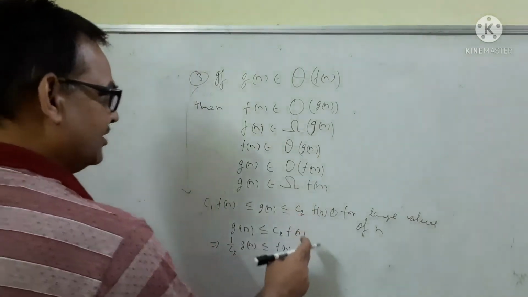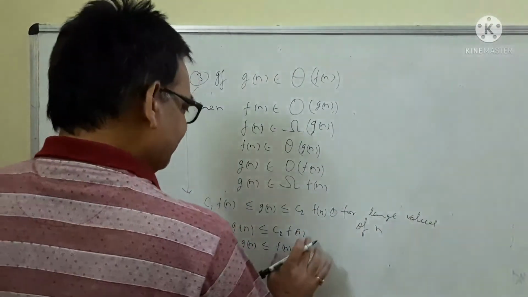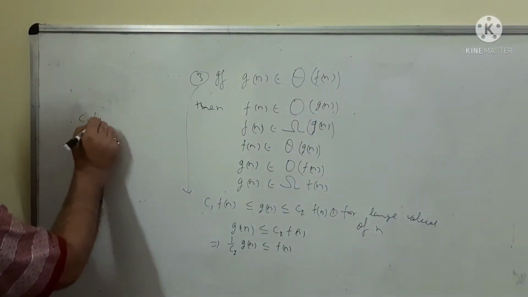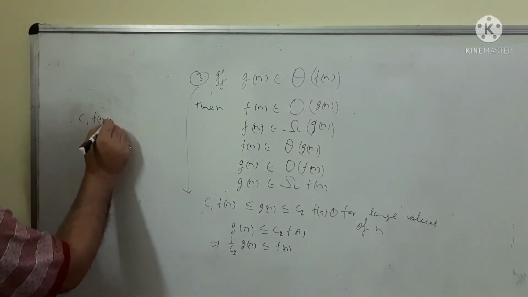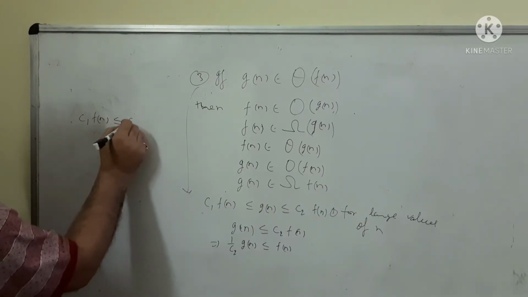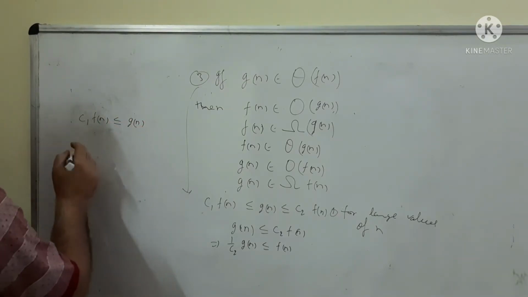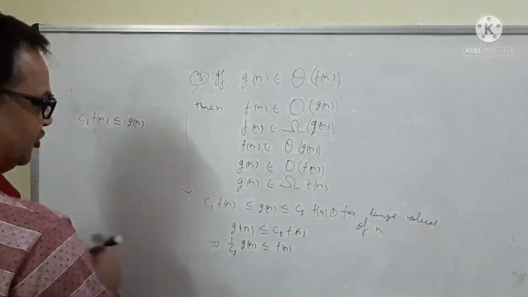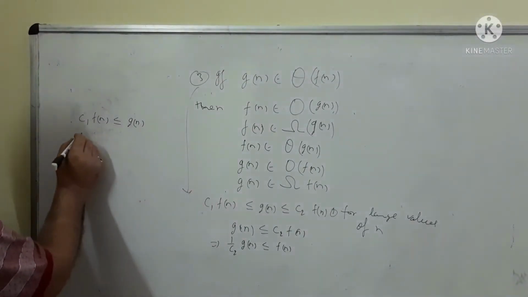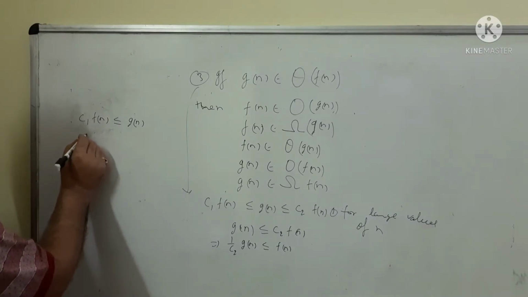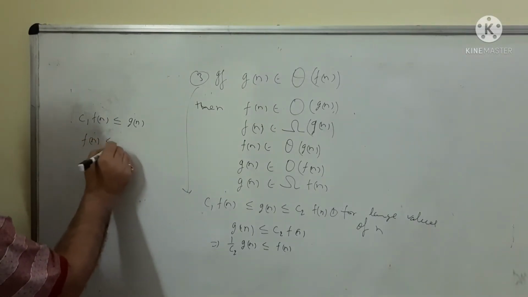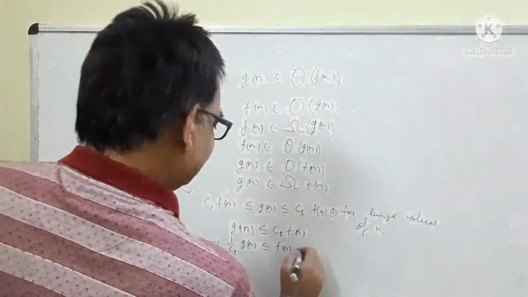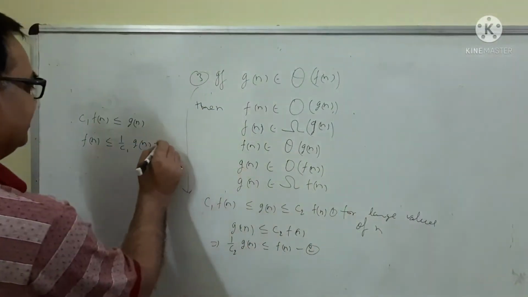From the first inequality itself, c1 f(n) is less than or equal to g(n) gives f(n) less than or equal to g(n) divided by c1. Since c1 and c2 are positive, we can divide the whole inequality by c1 and c2. So by dividing by c1, we have f(n) is less than or equal to 1 upon c1 g(n). Say this inequality 2 and this inequality 3.